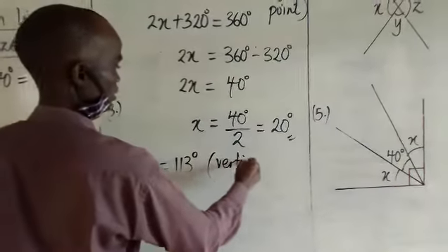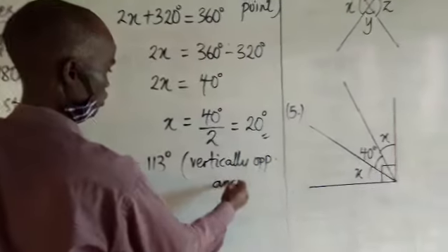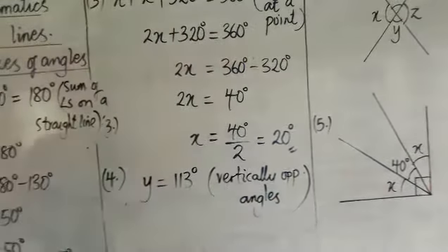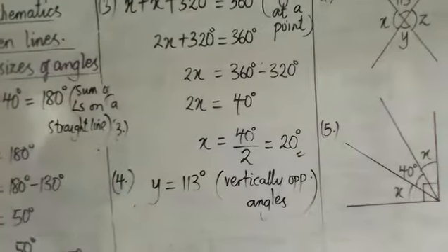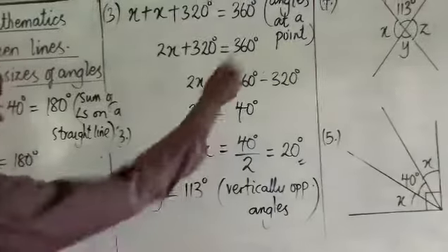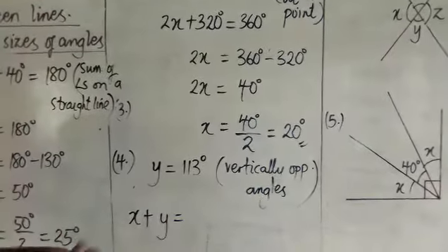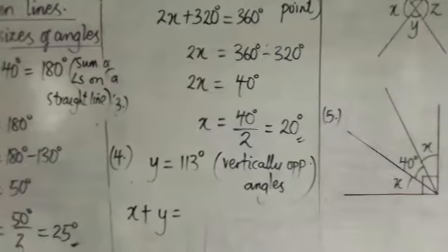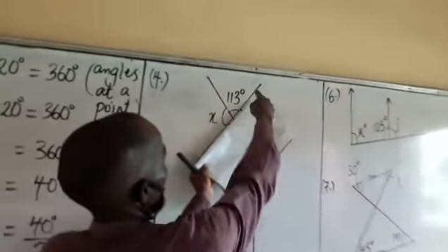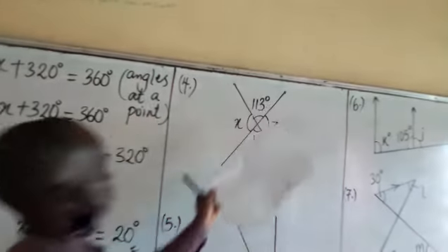The reason is vertically opposite angles. So next, we can find x. x plus y is equal to, if I cover all this, this is a straight line. If I cover this, this is a straight line. Adjacent angles on a straight line.